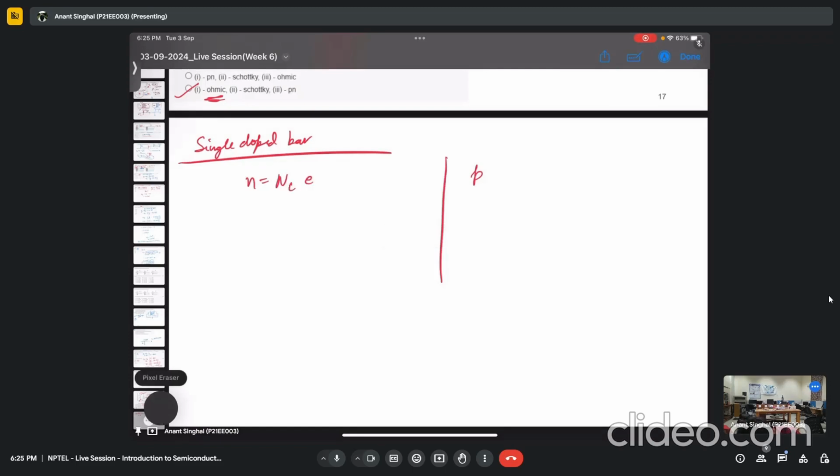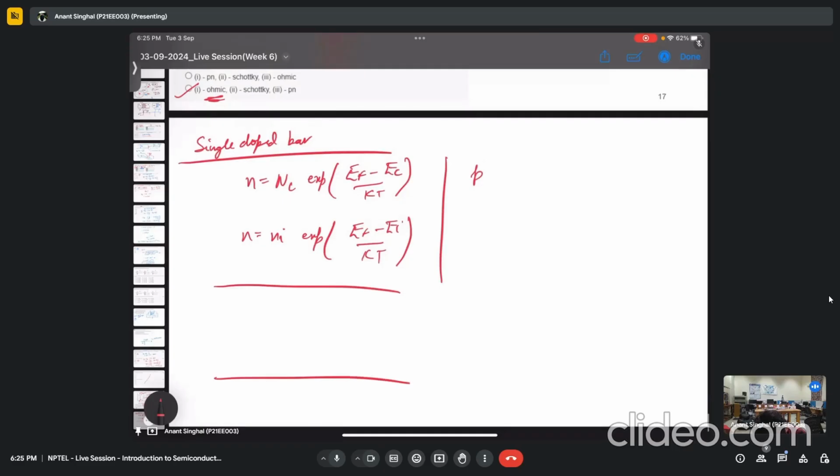Give me a moment. Yeah, which was this EF minus EC over KT. Then we had one more relation which was exponential of EF minus EI over KT. We used to do the problems to calculate the difference between the Fermi level and the conduction band, which is this EC minus EF.